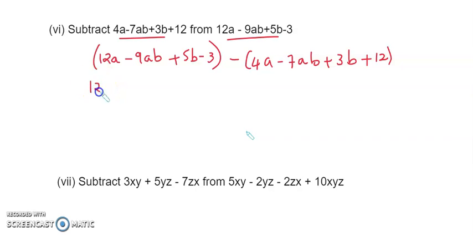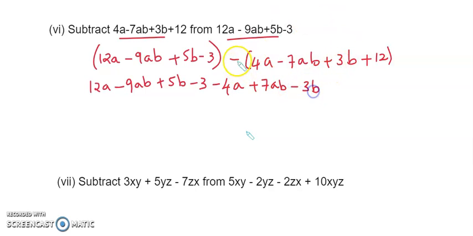So we'll write it as 12a minus 9ab plus 5b minus 3. Subtract means the sign is going to change for each. So it will become minus 4a, minus into minus, plus 7ab, minus into plus, a minus 3b, minus into plus, a minus 12.